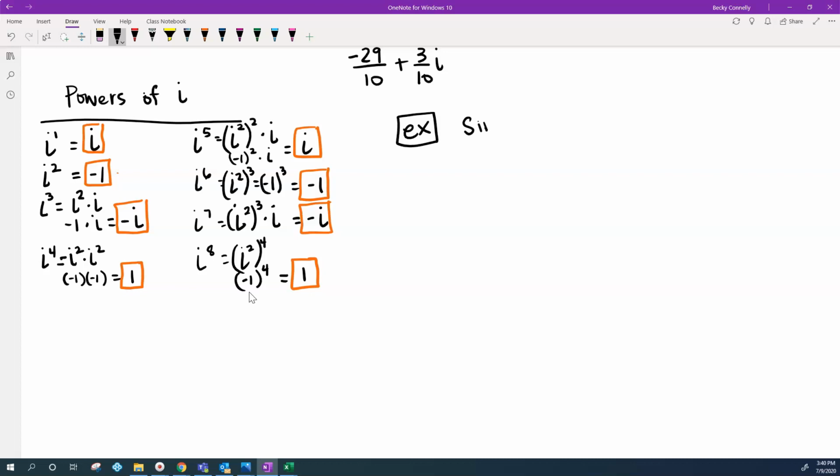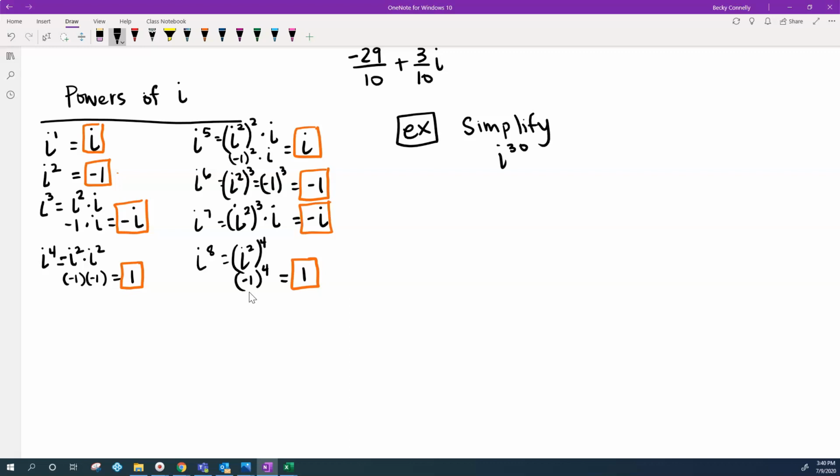So if I'm asked to simplify i to the 30th power, I could do all this, writing them out in different forms like this, or I know that there's one of 4 answers I'm going to get.